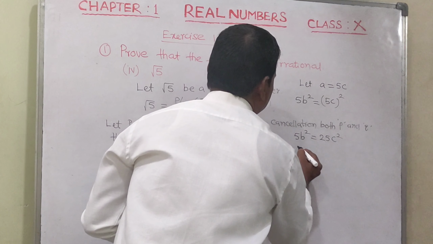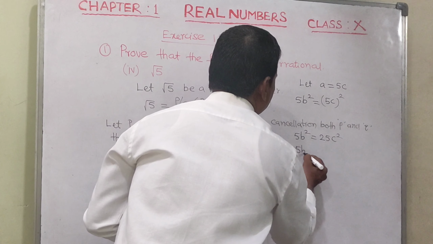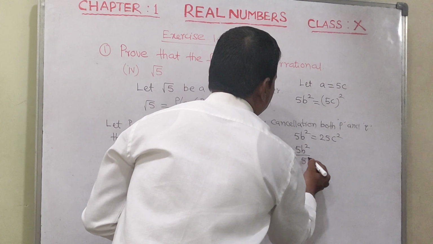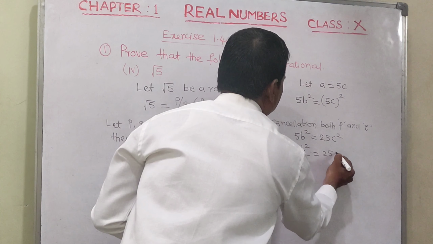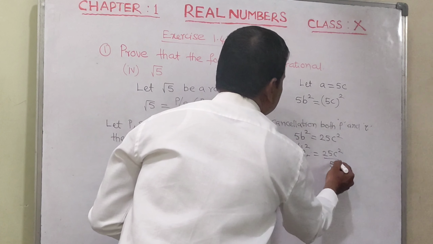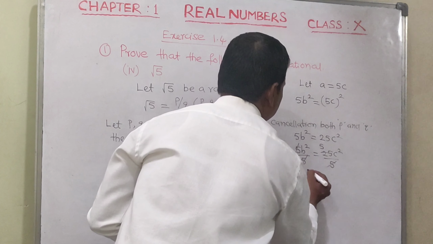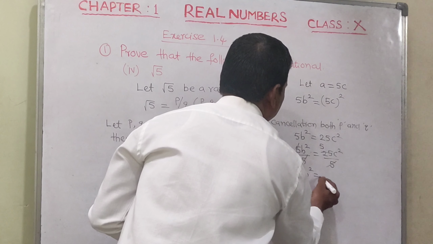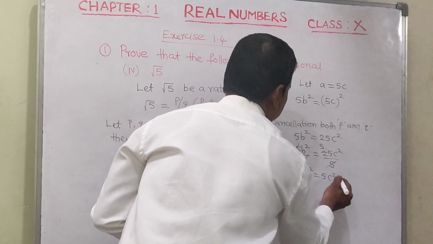If you divide by 5 on both sides, 5 gets cancelled. You get b square is equal to 5c square.